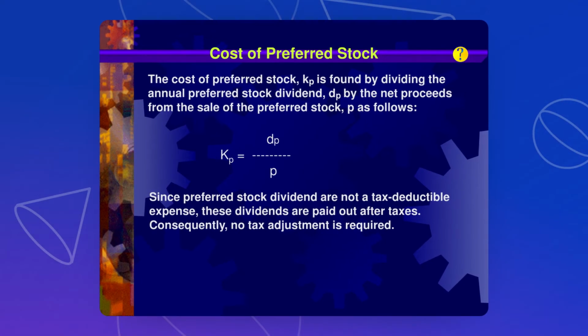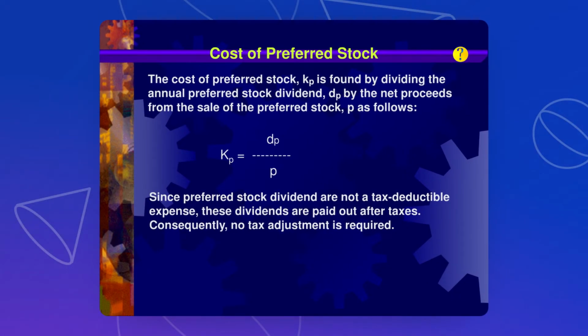Now, since the preferred stock dividends are not a tax deductible expense, these dividends are paid out after tax. Meaning, class, there would be no adjustment required in your cost of preference. Why?